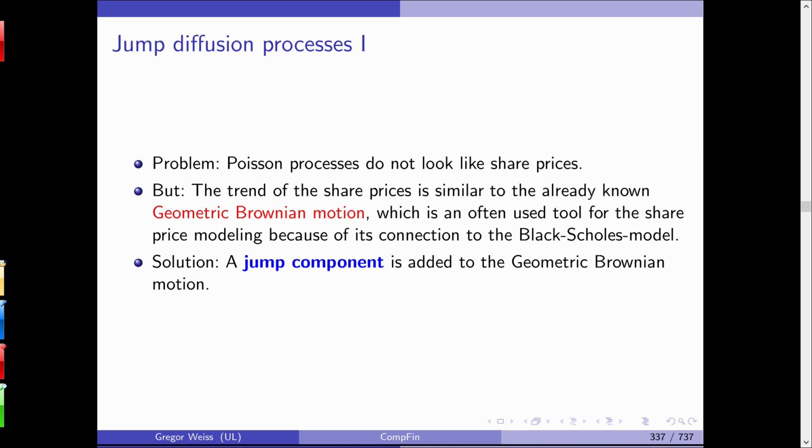The problem is, the Poisson process doesn't look like a stock price at all. But the trend of the share prices is similar to the already known geometric Brownian motion, which is also used in the Black-Scholes model. So what to do? You simply take the Poisson process and you integrate it into the geometric Brownian motion.